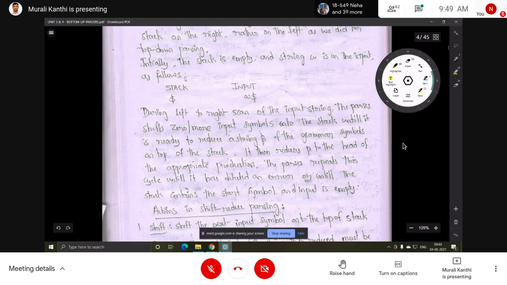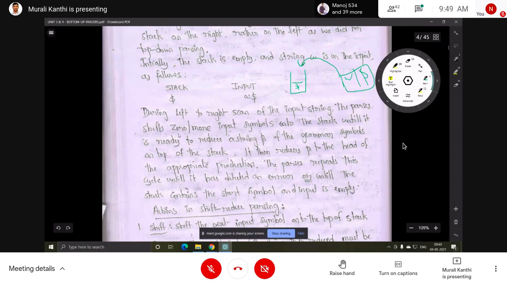So this is a stack, with a dollar there. From the input buffer w, some input symbols can be shifted, that is pushed onto the stack, until the reduction operation takes place. So until reducing, some symbols are shifted onto the stack.